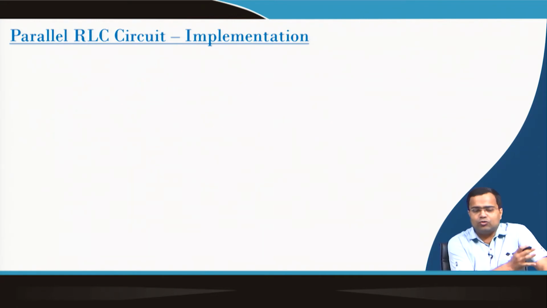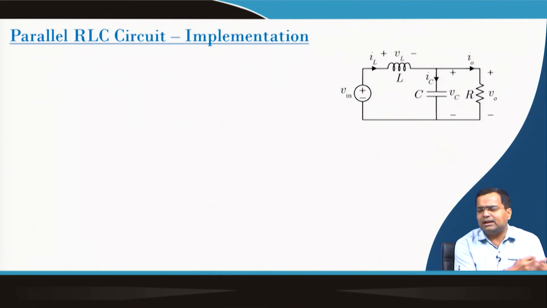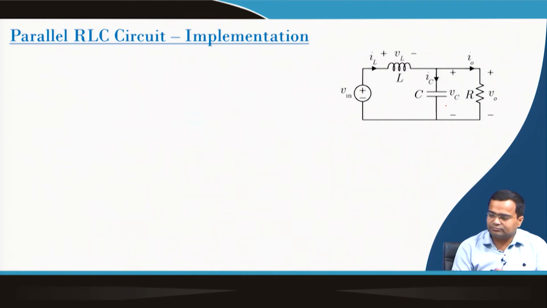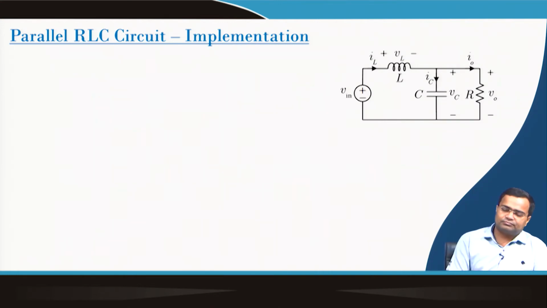Now, we want to move to the parallel RLC circuit. Here we are considering the capacitor and the resistance in parallel, and we may consider this resistance to be a load resistance, which can change. This is just a circuit, we can use it for different purposes.